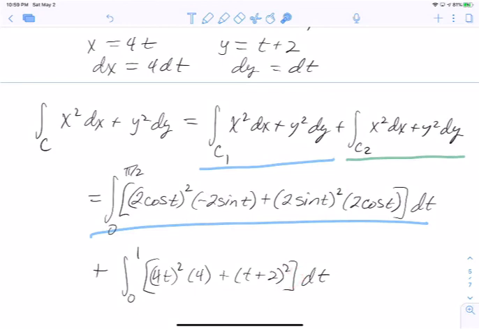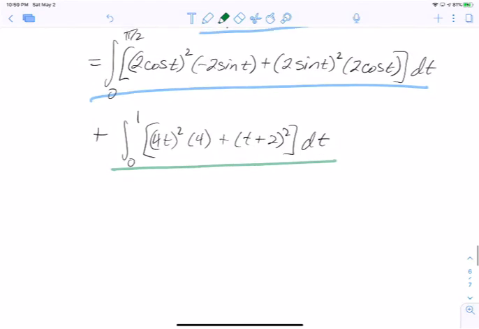And again, both of those had the factor of dt. Now, just as with the segments, these integrals don't have anything to do with each other, and so we compute them separately. I encourage you to stop the video now and do the work.